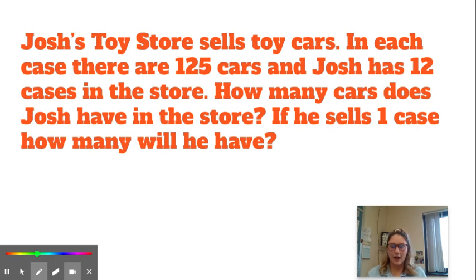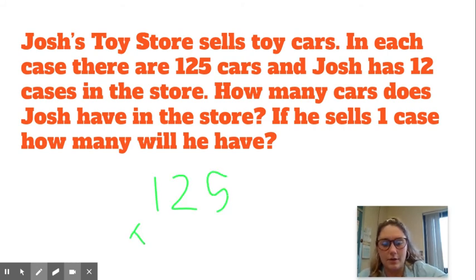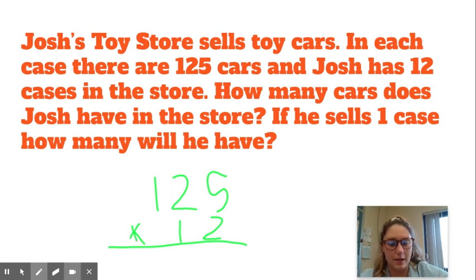So if Josh has 125 cars in each case, and he has 12 cases in the store, let's take a look at 125 times 12. The space is going to be a little tight for me. 2 times 5 is 10, carry over the 1. 2 times 2 is 4 plus 1, 5. 2 times 1 is 2.